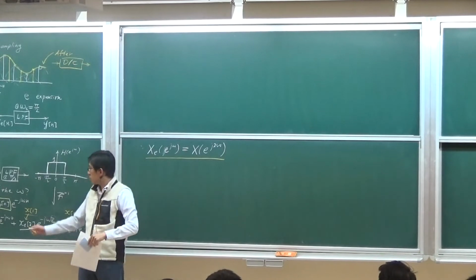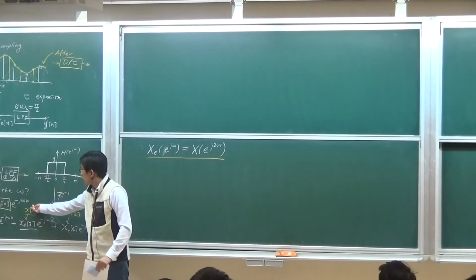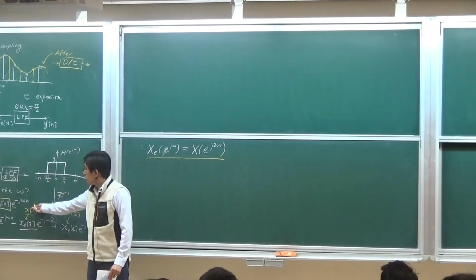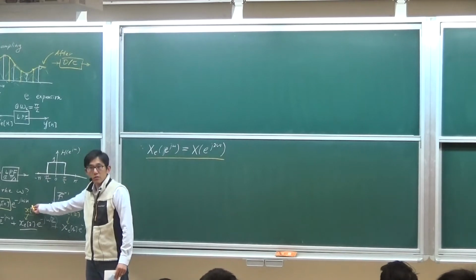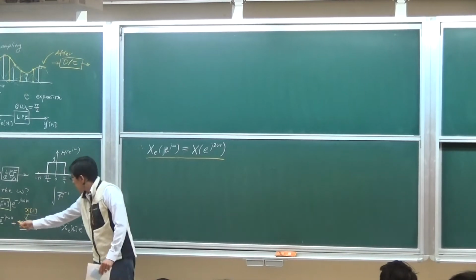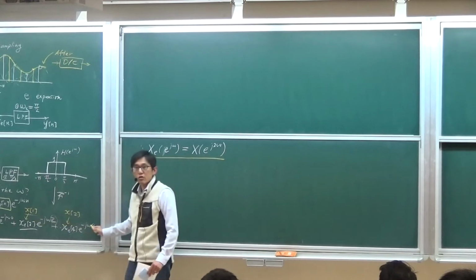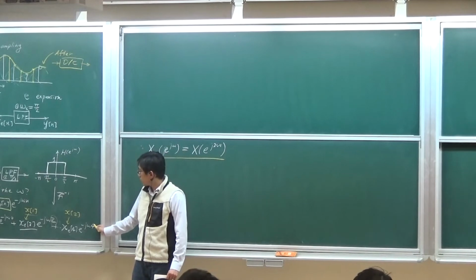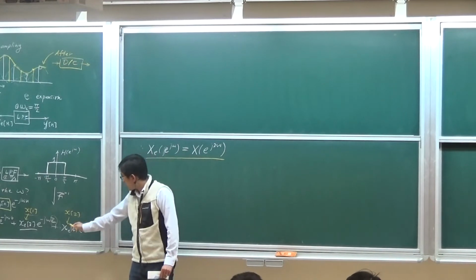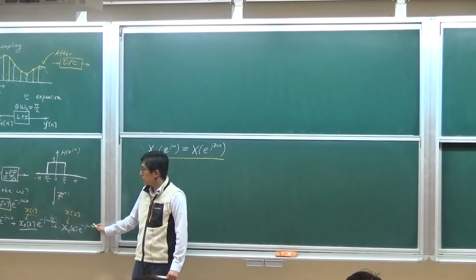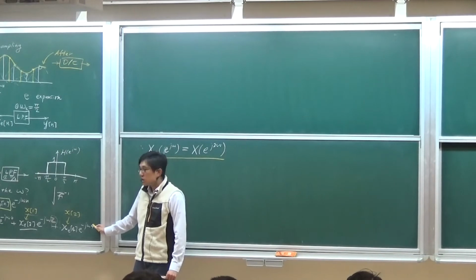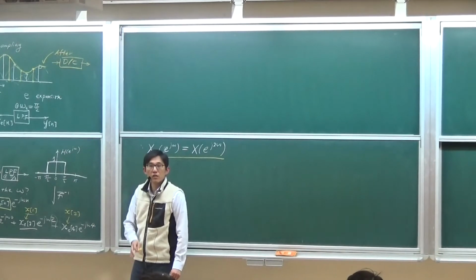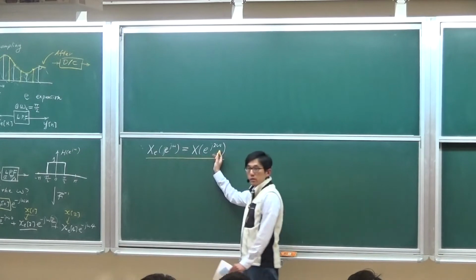By definition, this will be the DTFT after expansion, right? And essentially this is a change of variable, a change of time index. So we realize that this infinite summation turns out to be exactly the DTFT of the original signal, but evaluated at double the frequency.